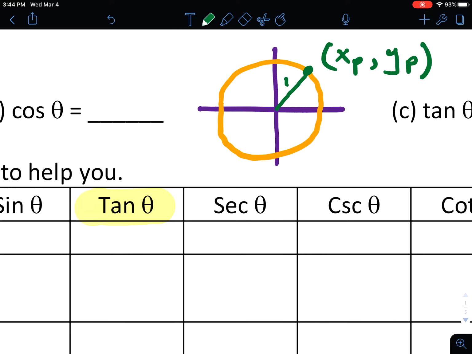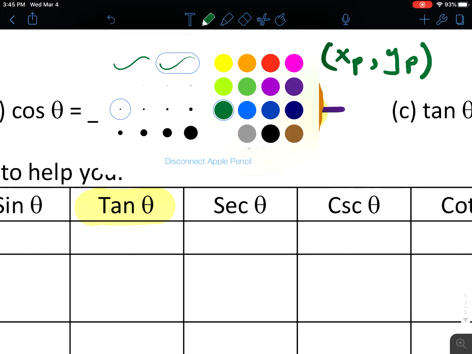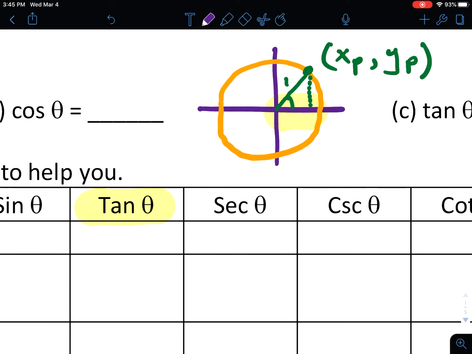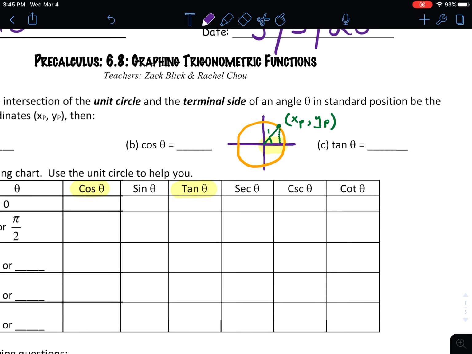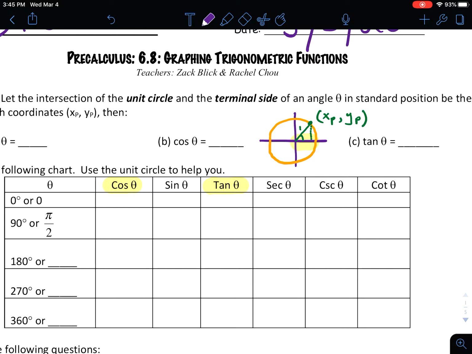That tells us that the cosine value of this angle theta is going to be the adjacent side over the hypotenuse, which would be xp divided by 1. And so the cosine value here is just xp.